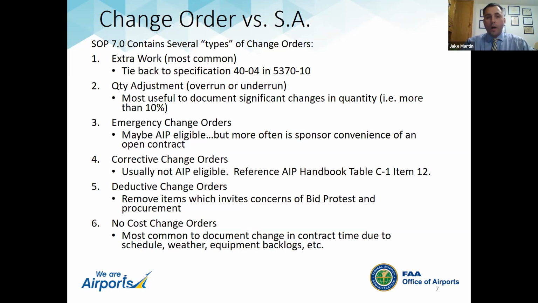We do tend to see quantity adjustments, overruns and underruns. There's not a specific standard for when you should execute a change order for a quantity adjustment. I kind of put 10% out there as a rule of thumb for most projects.